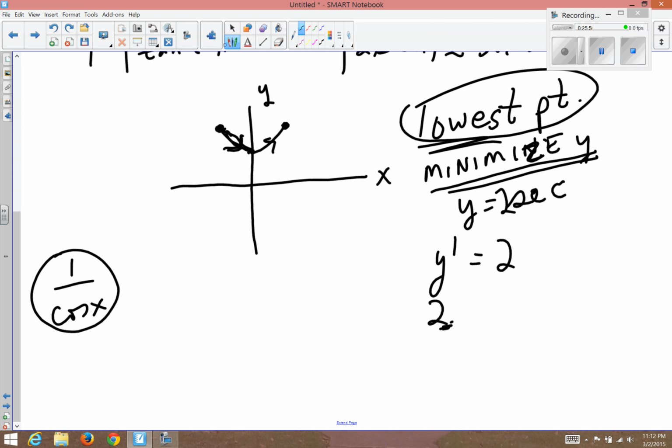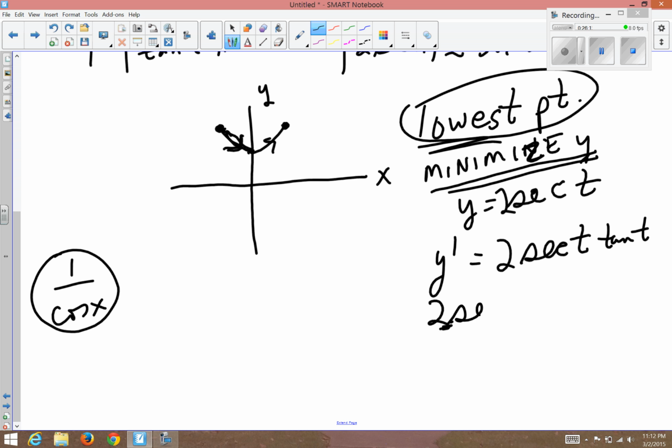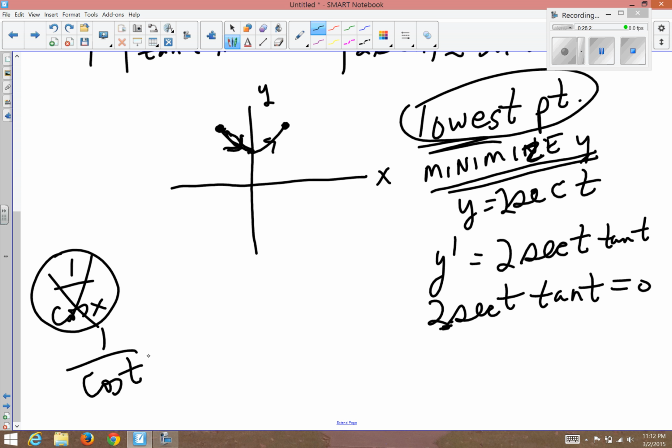Learn from mistakes. These are mistakes. But it's really important. These are not x's, these are t's. So we need 2 secant t tan t equals 0. 1 over cosine t, or secant t, is never 0.